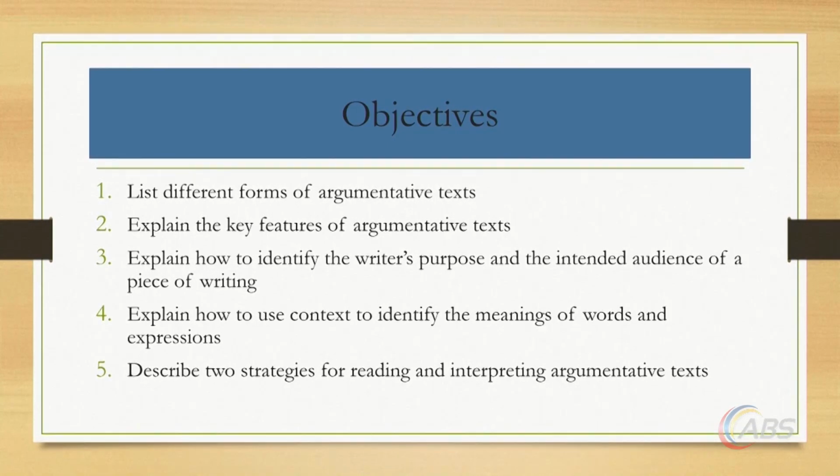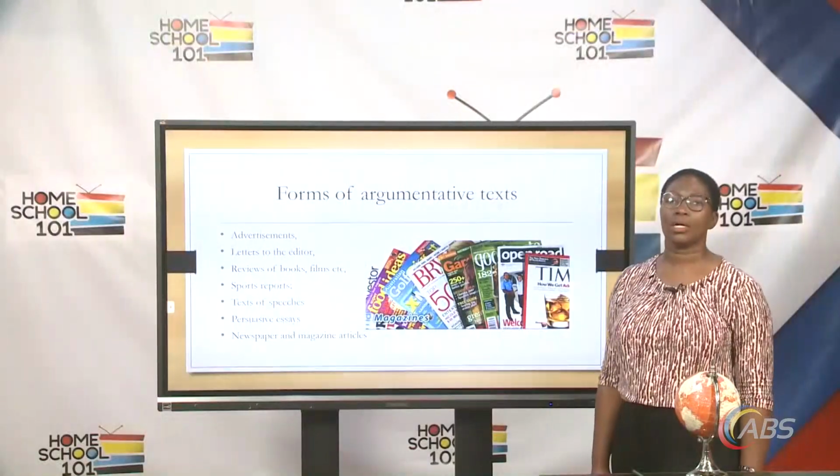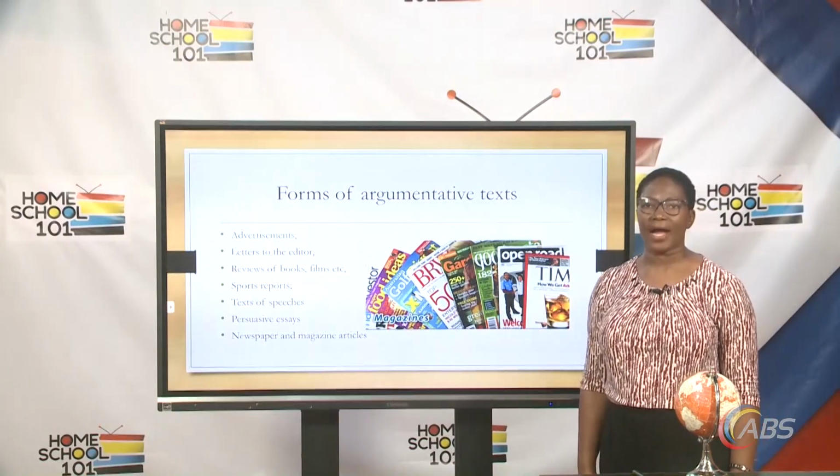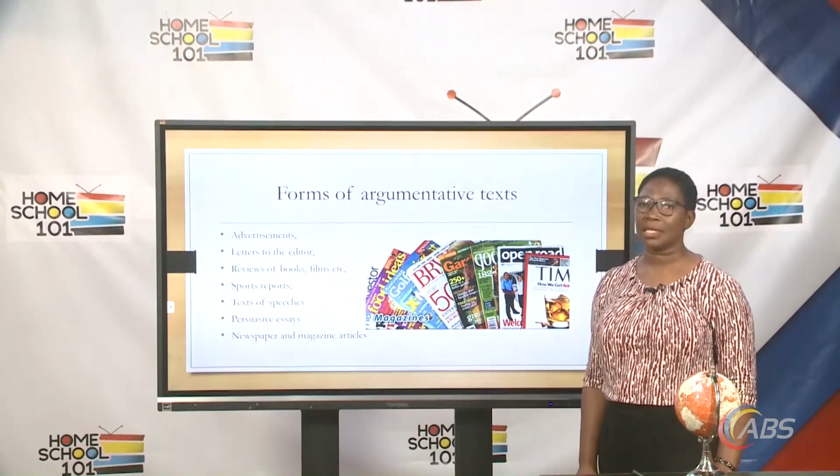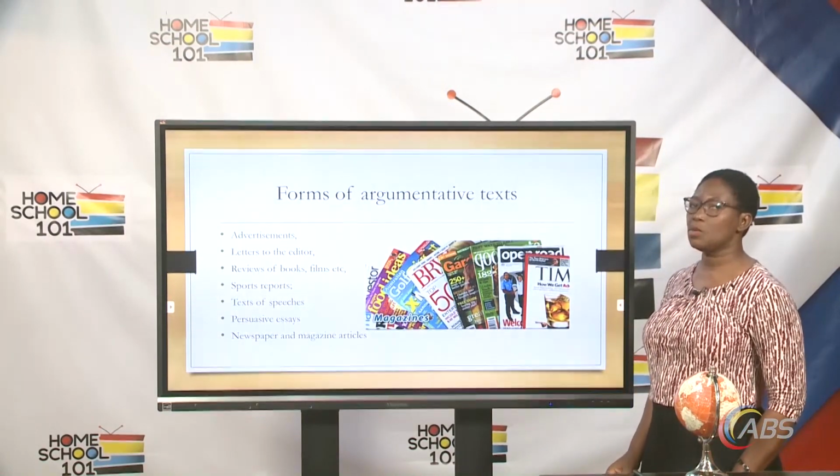We're going to explain how to use the context that words and expressions appear in to determine the meanings of those words and expressions. And finally, we're going to focus on 2 strategies that will help you to interpret and analyze argumentative text.